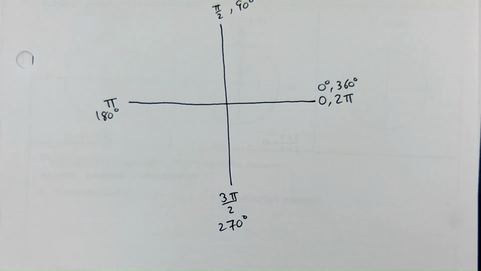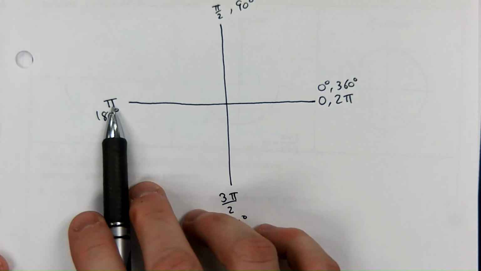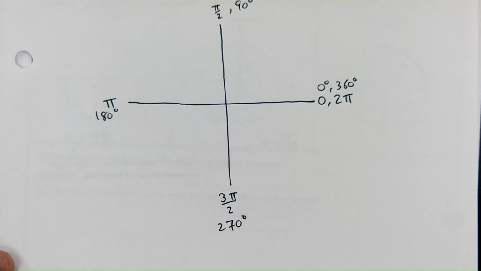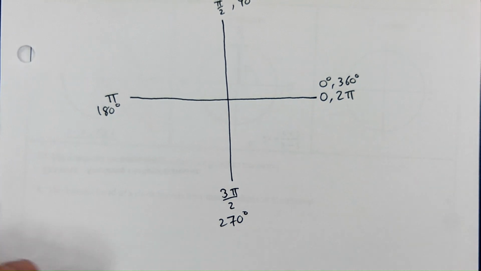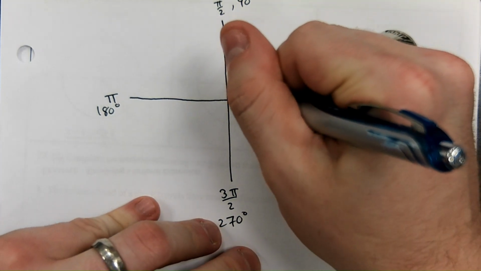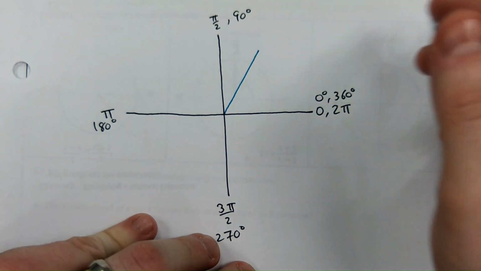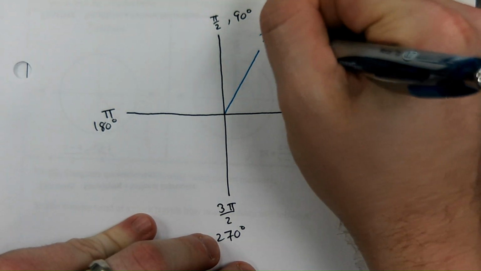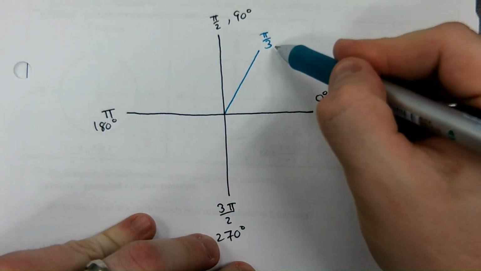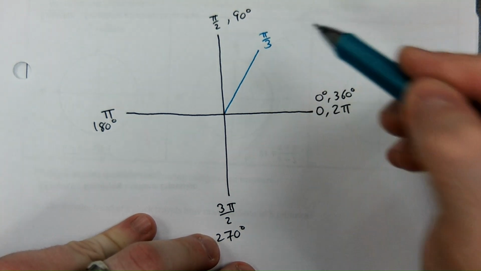How many thirds, listen to the question, how many thirds are there in one thing? 3 thirds in 1. So this 1 pi can be split into 3 thirds. Here's 1/3 of a pi. Hey, what's 180 degrees divided by 3? 60 degrees.